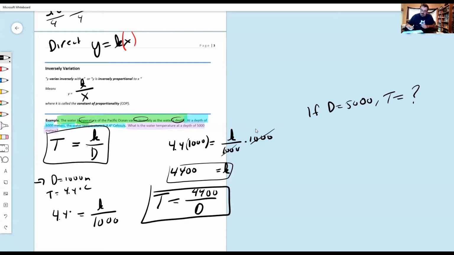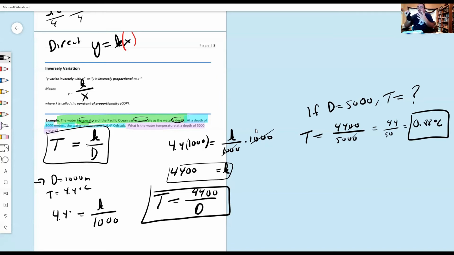Well, take our equation. T equals 4,400 divided by 5,000. If we reduce this immediately to just being 44 over 50, this makes us 0.88 degrees Celsius.